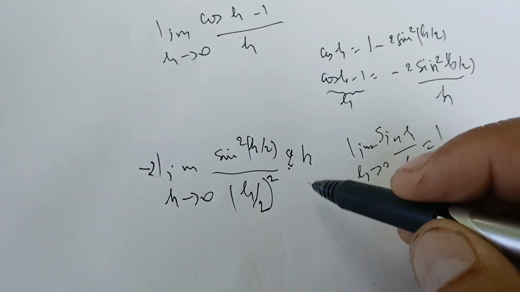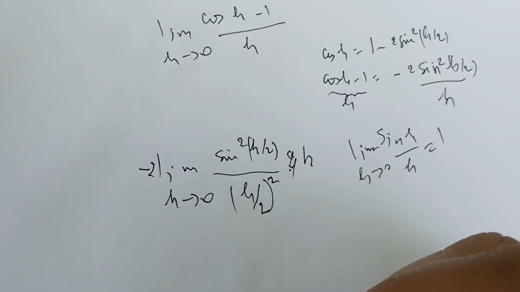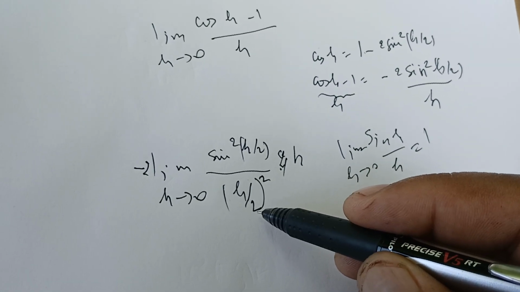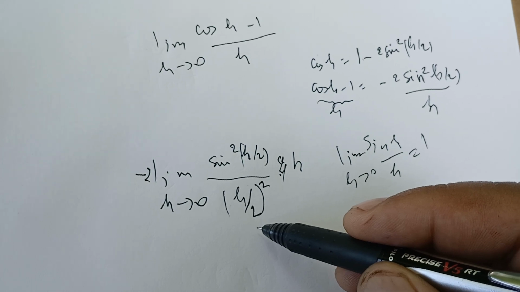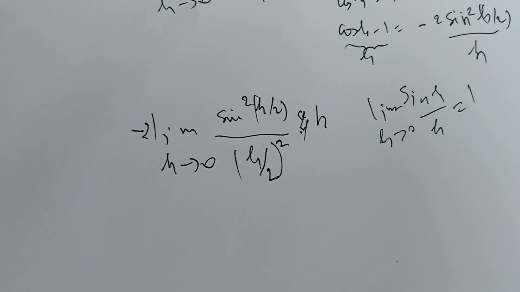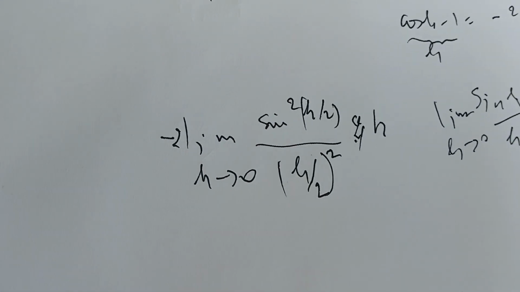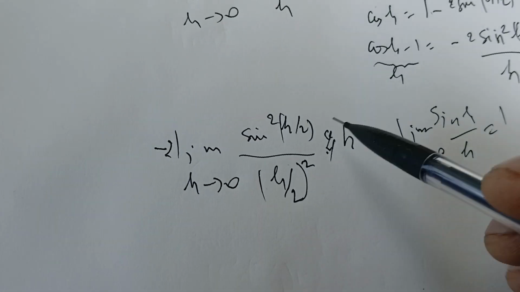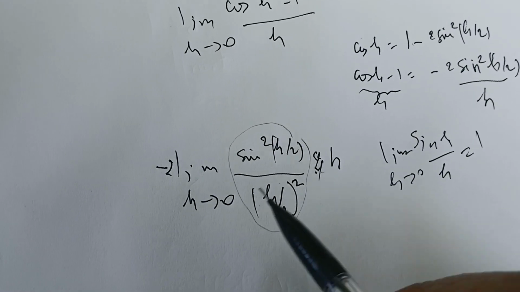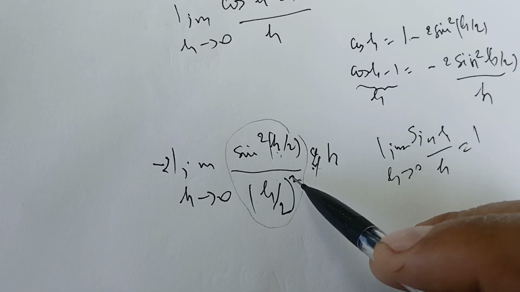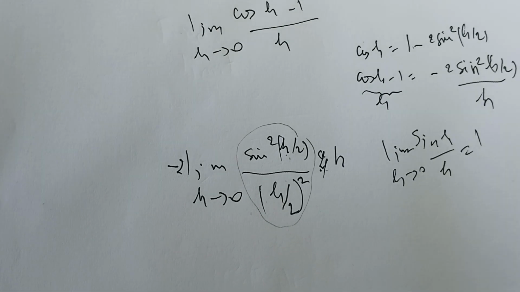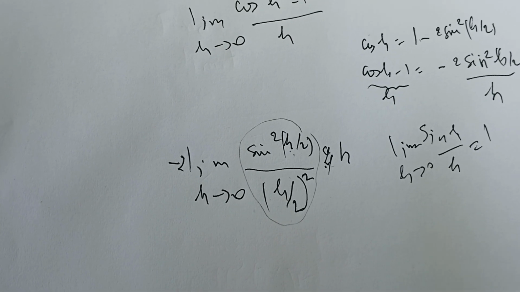In fact, we have used h over 4, because it's squared: h squared over 4. So this limit goes to 1, because it's the product of two limits that both go to 1.